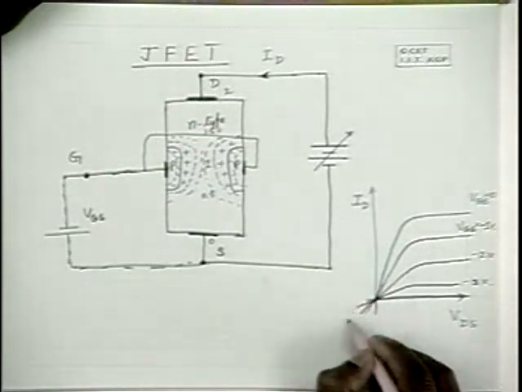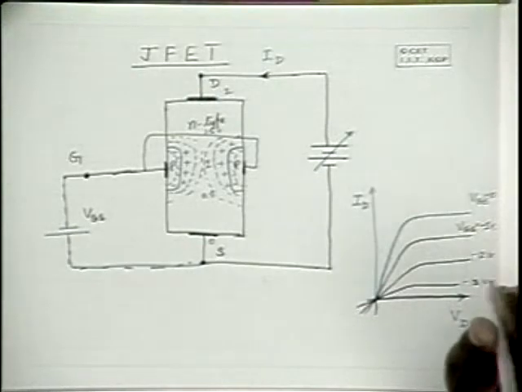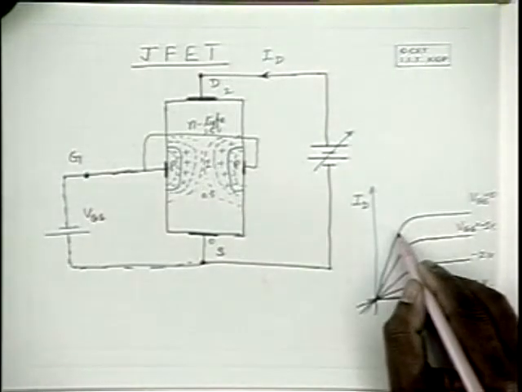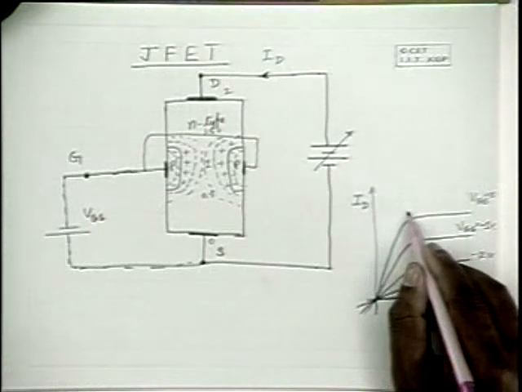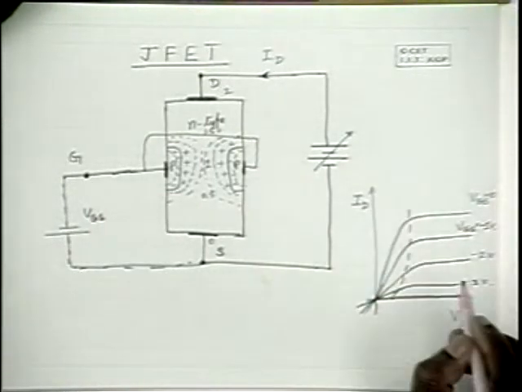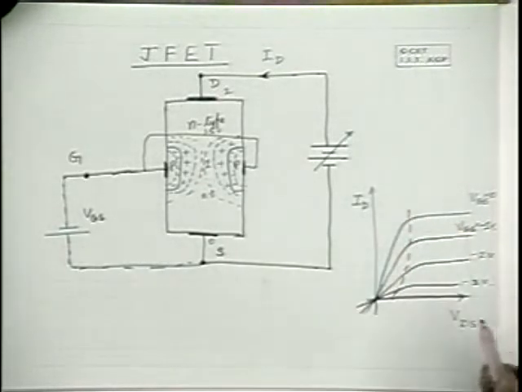We have the same kind of characteristics. Therefore, this device acts like a resistance up to a certain voltage level known as the pinch off voltage, and beyond that the current remains constant.